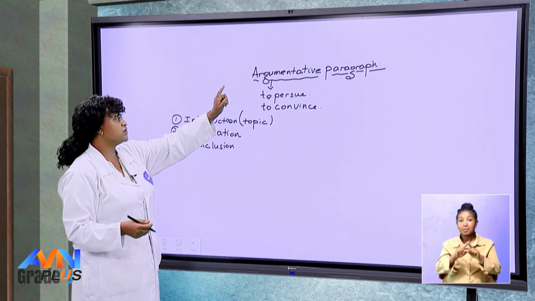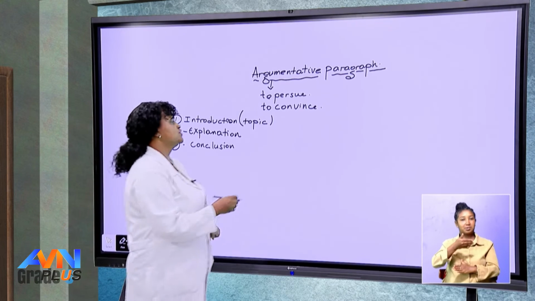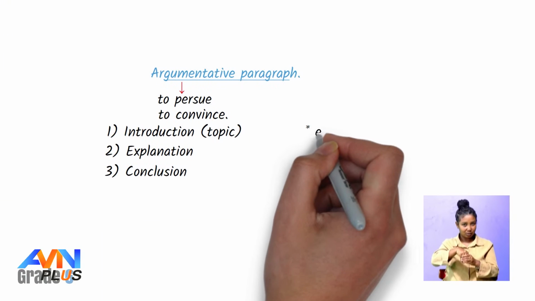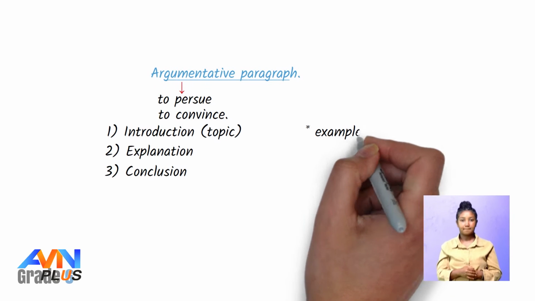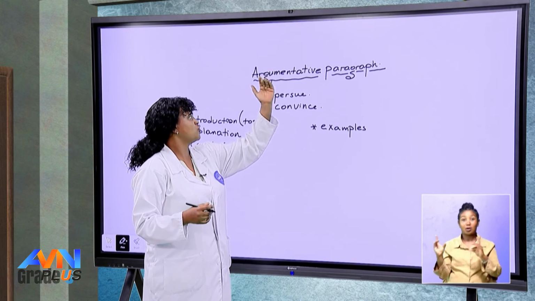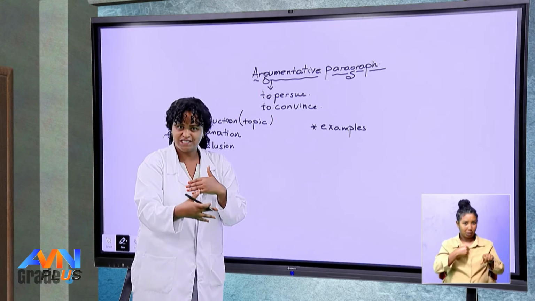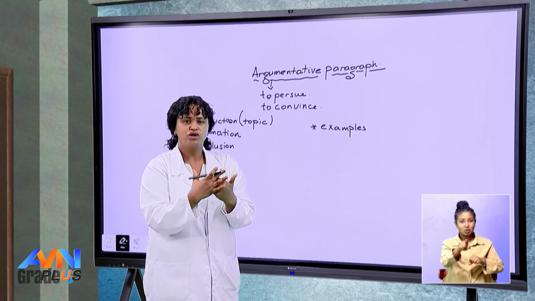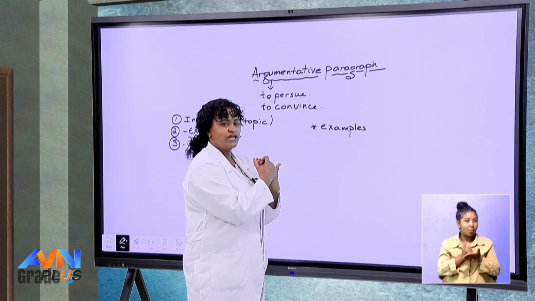But when we come about this argumentative paragraph, it's better to include what? Examples. All right? Since what do we say about argumentative? To argue means to pursue someone or try to convince, to make someone to support your idea. All right? To make someone to support what? Your idea.